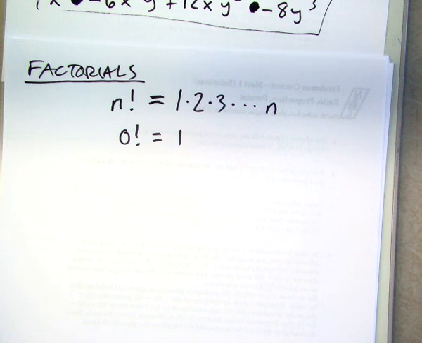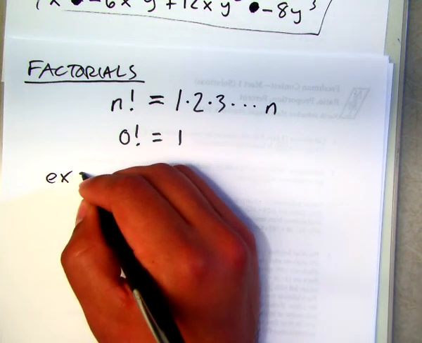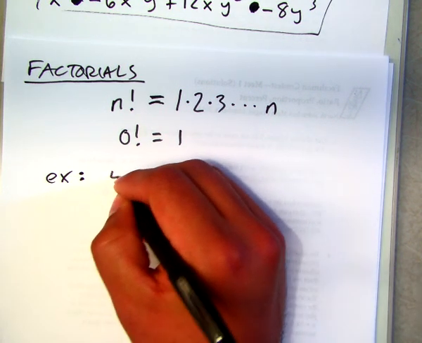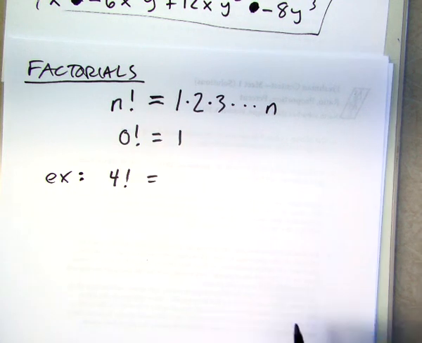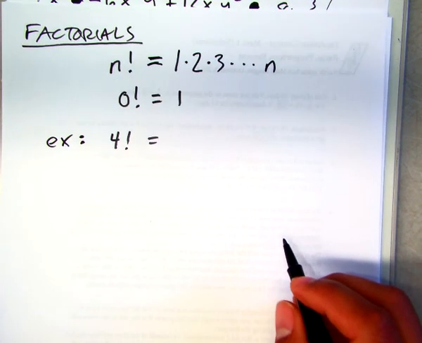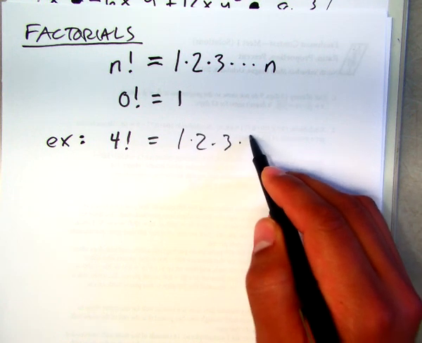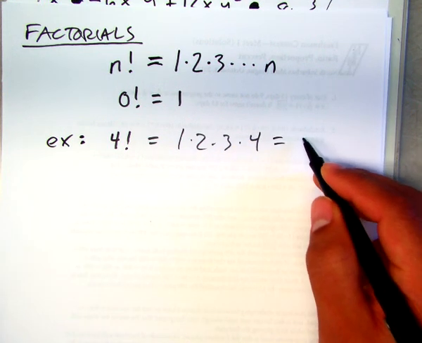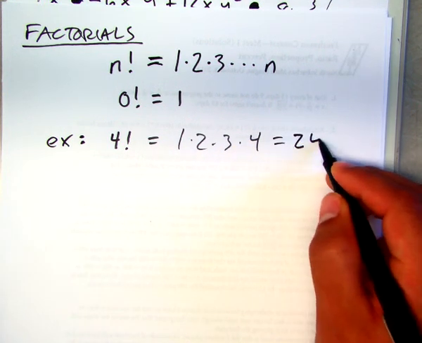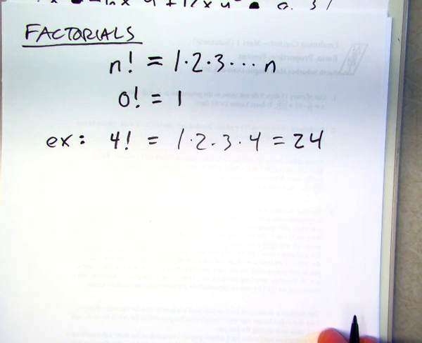And we'll do a quick example. 4 factorial means to multiply what? Yep. Which is? Okay. Looks familiar, yeah? Yep. Okay.